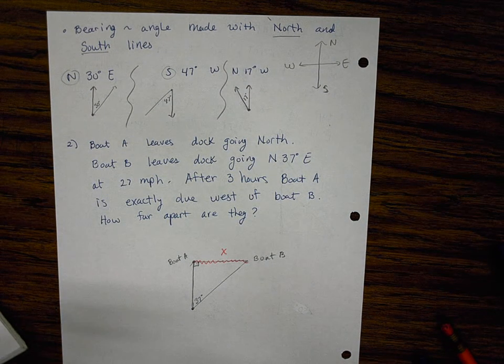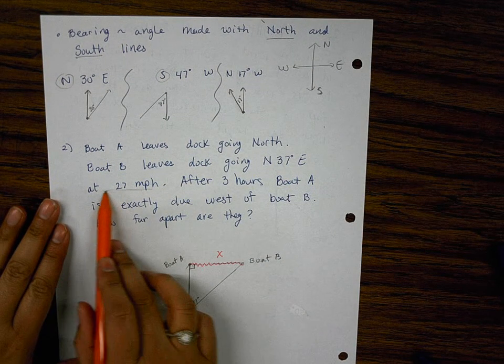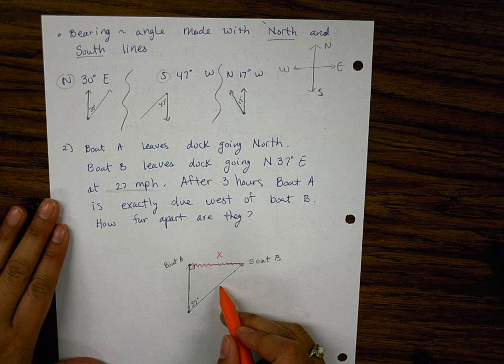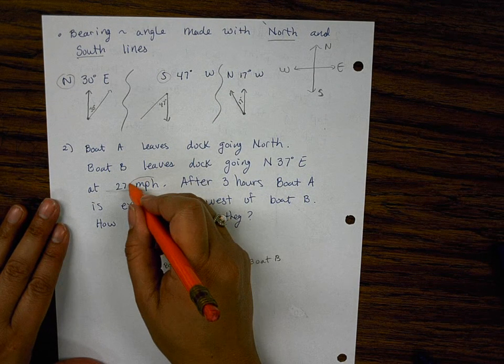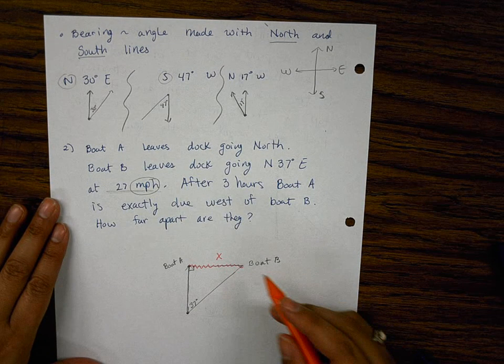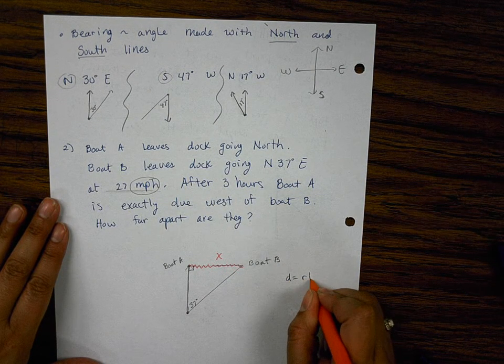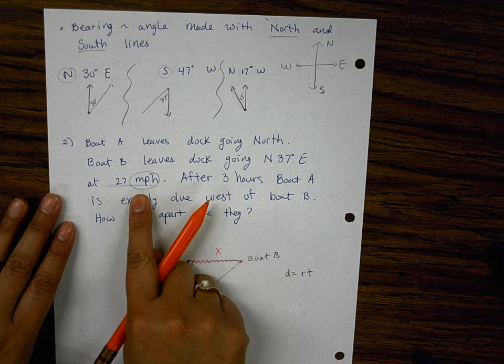Now there's some information in here I haven't used to help me find this length here. I haven't used the 27. So is it okay to just put 27 here? It is not, because this is 27 miles per hour. That's a speed, where this is a length. This is the distance traveled, and distance equals rate times time.